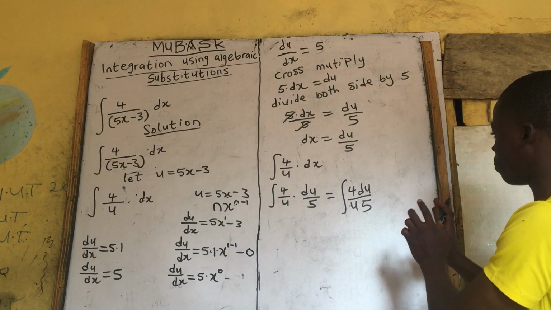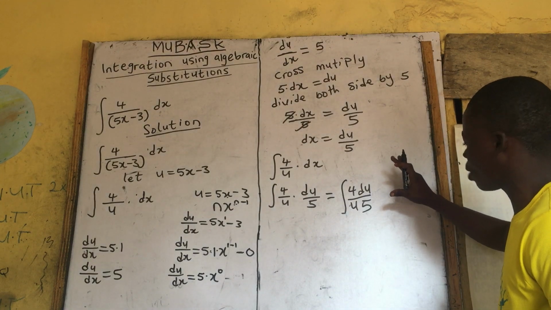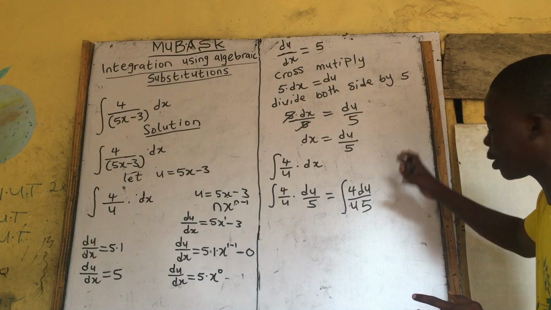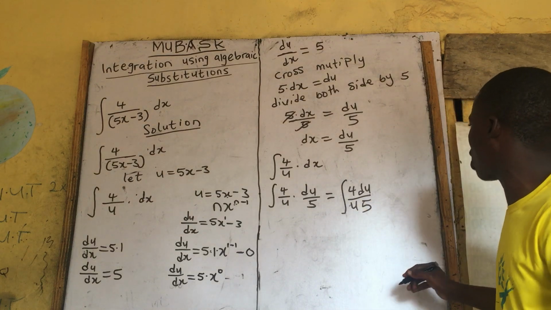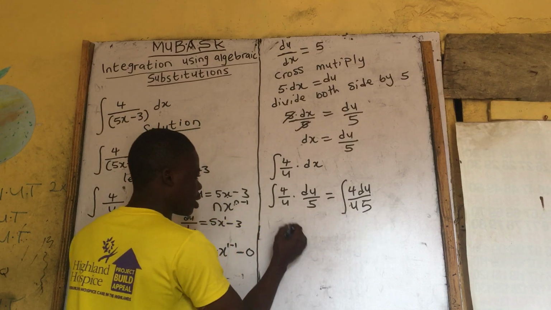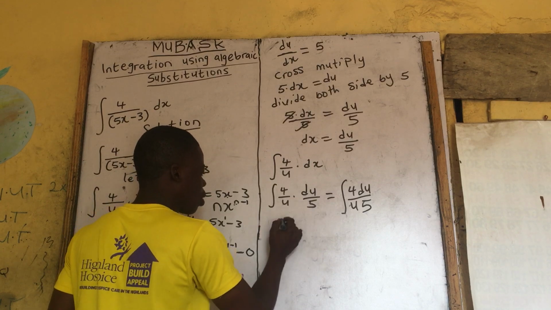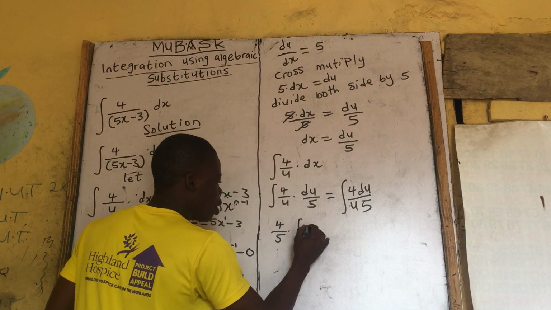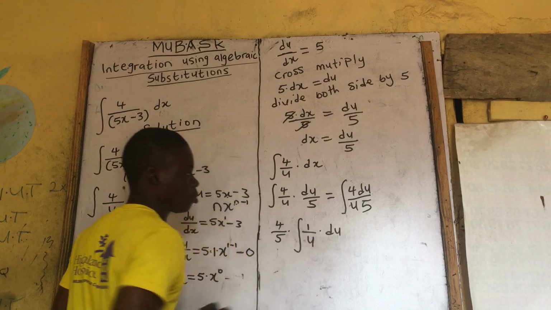The next step we can apply is to factorize. We cannot integrate like this because we are getting a fraction, so we have to factorize the constants out, which are 4 and 5. By factorizing the constants out, we get 4 divided by 5 times integral 1 all over u times du.